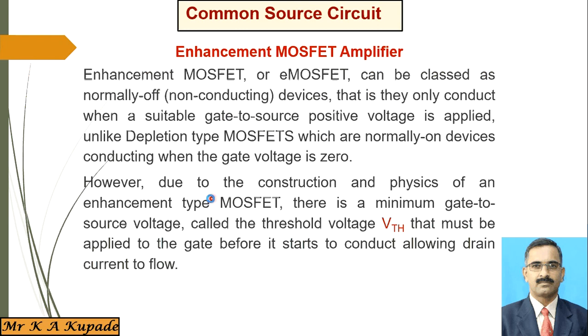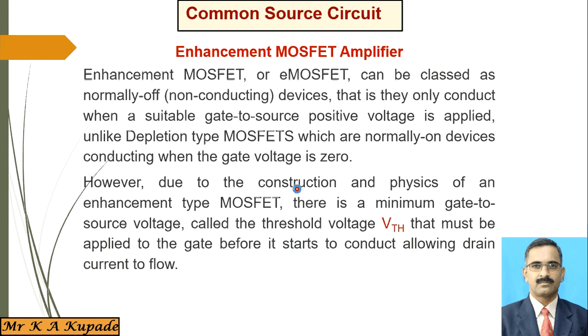Now, as per the construction and physics of an enhancement MOSFET, the minimum gate to source voltage required to switch on the MOSFET is the threshold voltage. Whenever we implement this MOSFET in a circuit, we have to apply at least this minimum gate to source voltage.